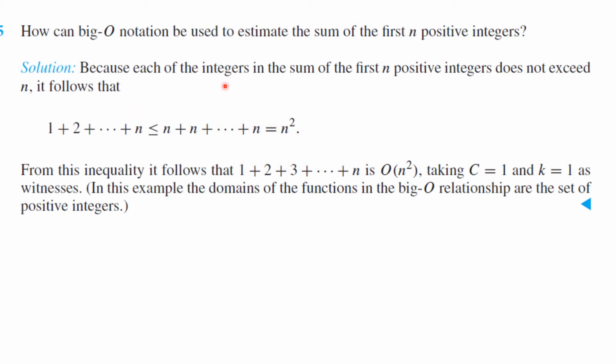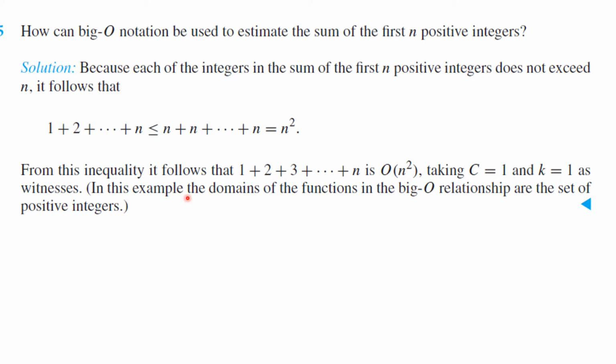Well, because each of the integers in the sum of the first n integers does not exceed n, we can replace all of these numbers with n. So this is n plus dot dot dot plus n. I have n terms in the sum, and each one of them is n. So that is n times n, or n squared.